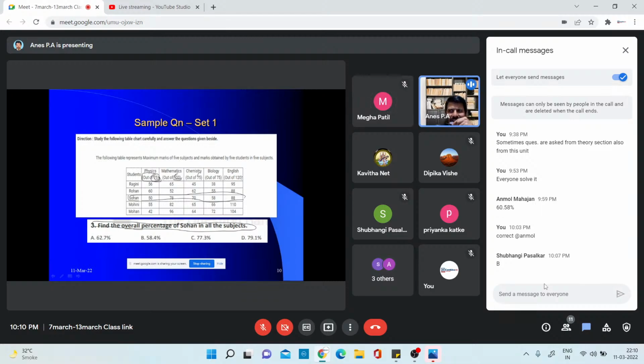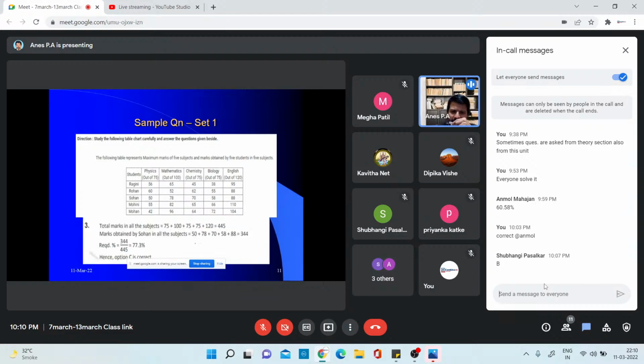Then we multiply with which number? 100, for finding the percentage. That's the point here. So we first find the total marks in all subjects, then the total marks obtained by Sohan, 344, and then we get 77.3%.